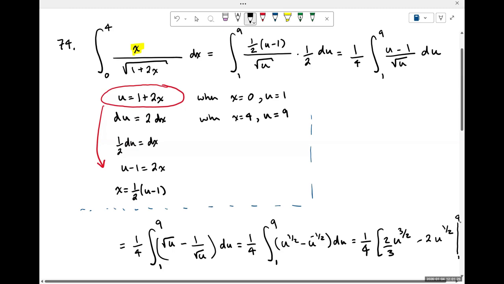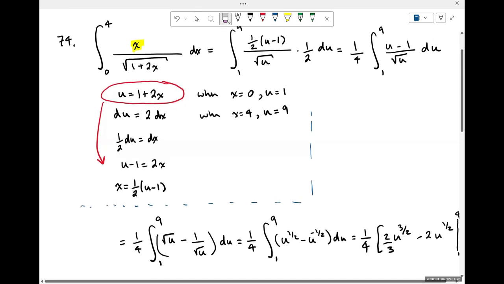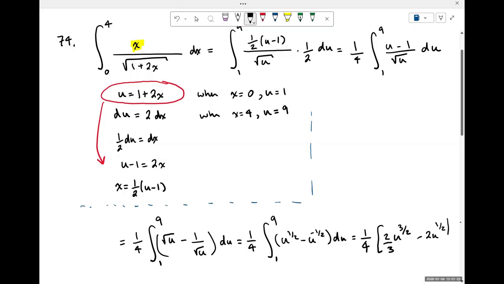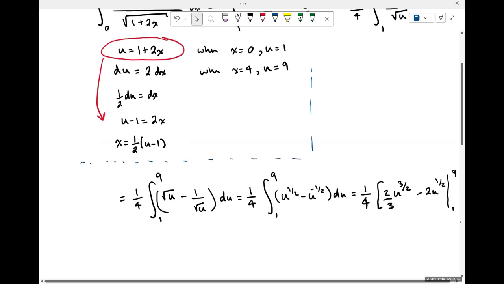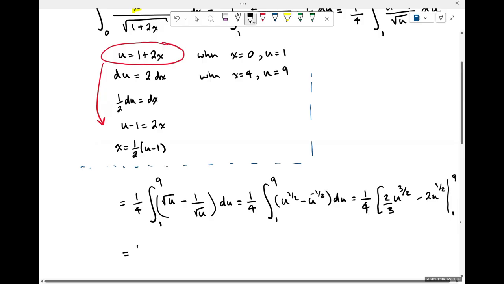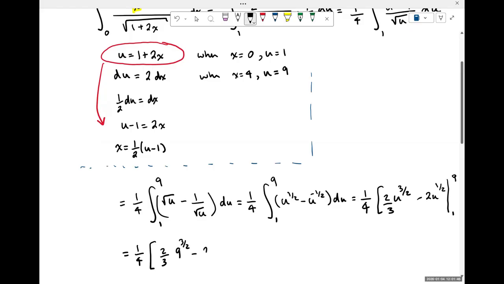We kind of squeezed that on there. That wasn't very nice. Let me try to make that more legible. Evaluated from 1 to 9. Okay, and now we're just going to evaluate that and figure out what our number is. So I have 2/3 times 9 to the 3/2 minus 2 times 9 to the 1/2, minus, I'm just going to pull the 1/4 out of everything, 2/3 times 1 to the 3/2 minus 2 times 1 to the 1/2.